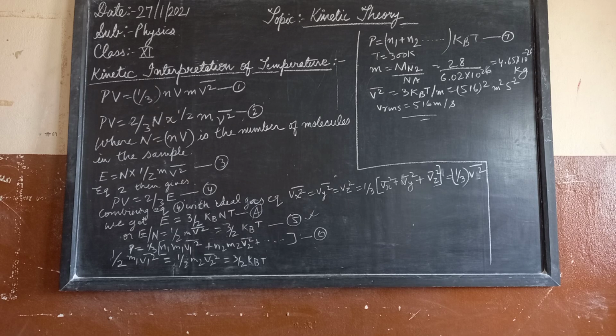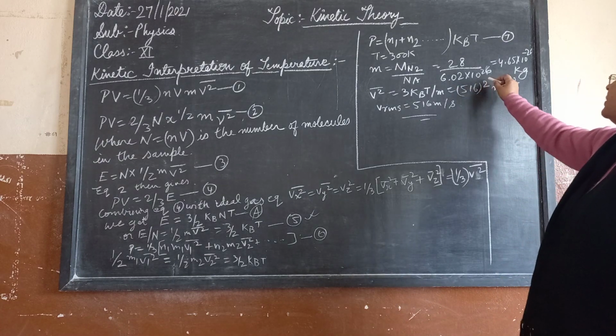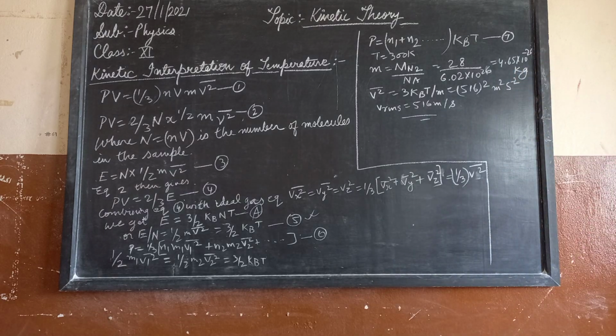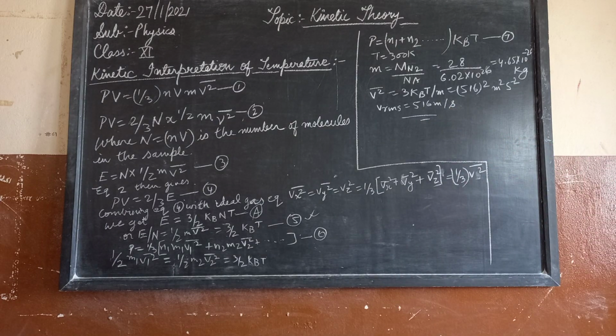The mass of a nitrogen molecule is m equal to 28 upon 6.02 into 10 power 26, that is equal to 4.65 into 10 power minus 26 kg. So v square bar will be equal to 3 kB T upon m, that is equal to 516 meter per second. The square root of v square bar is known as the root mean square velocity.